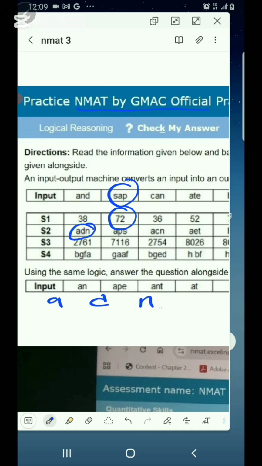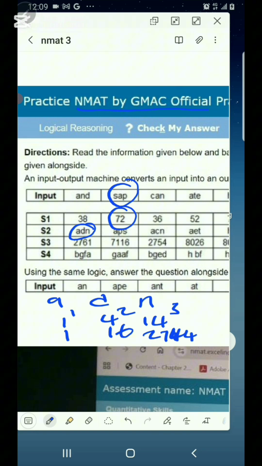ADN: this one is 14 to the power 3. This one, because it's 4, is 4 squared. This one, because it's 1, is 1 to the power 1. And this gave me 2744 plus 16 plus 1. If you add them together, it will give you 2761.